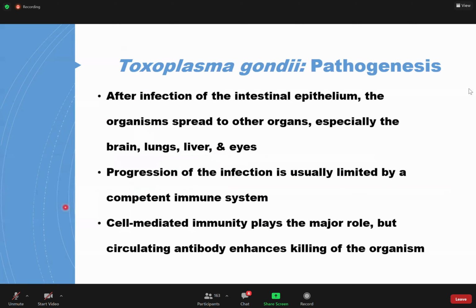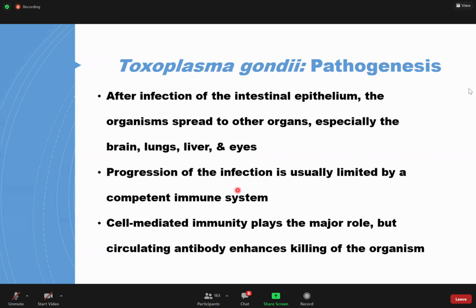So what happens after exposure? After infection of the intestinal epithelium, the organism converts from being in the tissue cyst form that contains bradyzoids. From the name brady, that means slowly dividing.